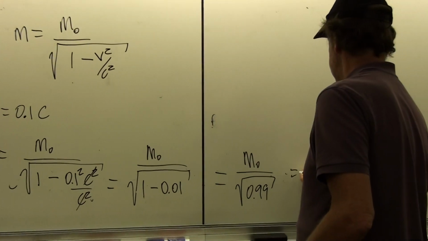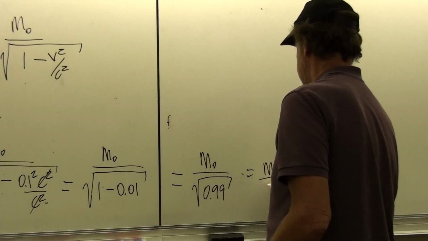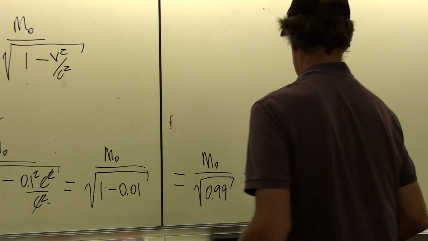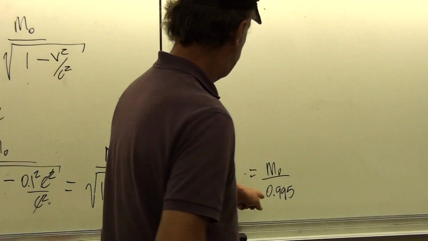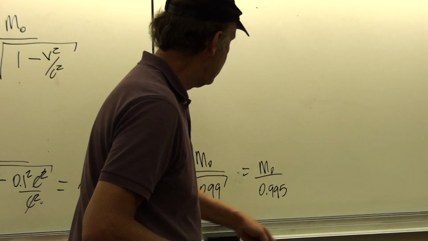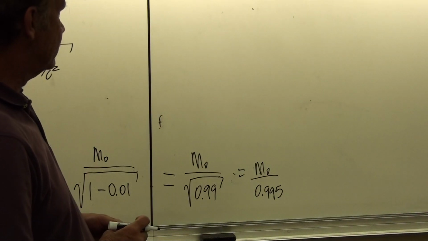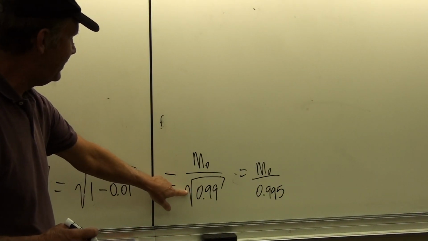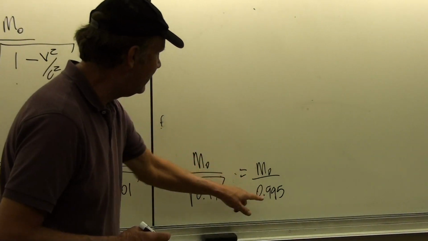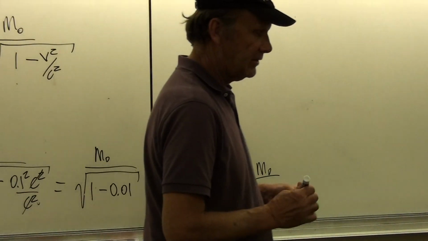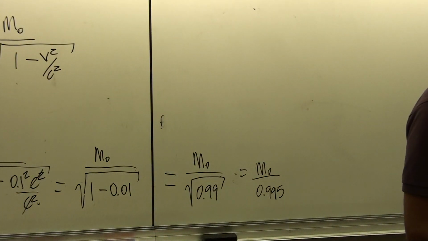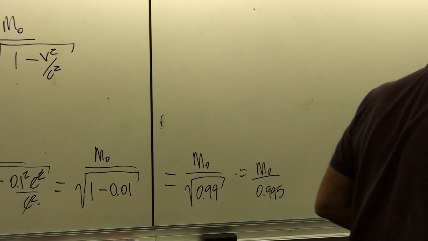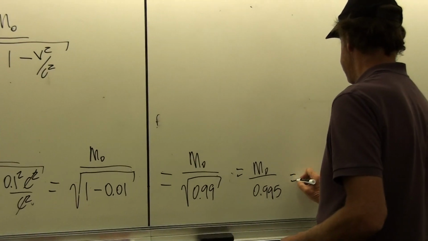So this is m naught divided by 0.995. Okay, so that's basically 99.5% of the value in the denominator. And so that gives us, when I take the reciprocal of that, 1.005 m naught.